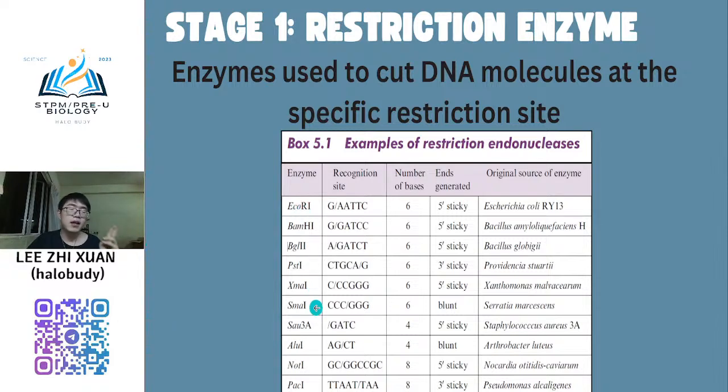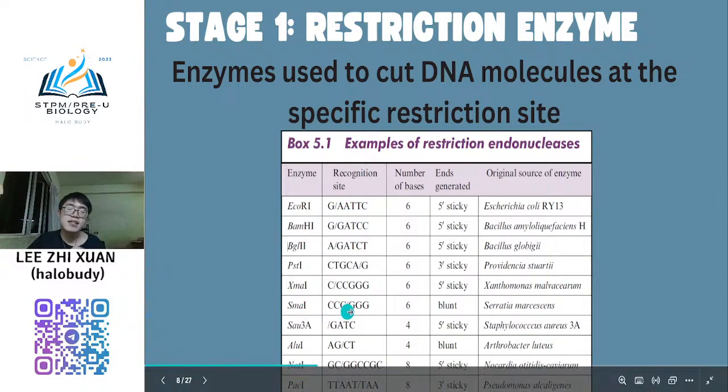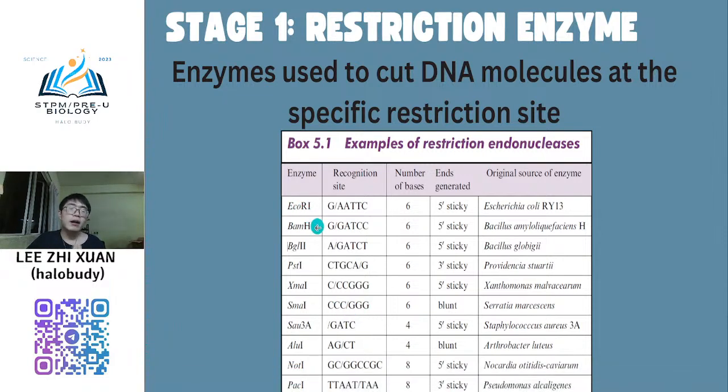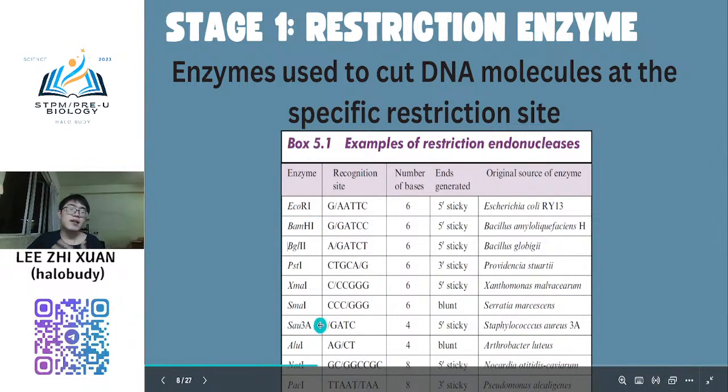But EcoRI and SmaI, you must memorize it. EcoRI is GAATTC. SmaI is CCCGGG. SmaI is more easy, CCCGGG. EcoRI macam complicated lah, GAATTC. Memang awak kena memorize.